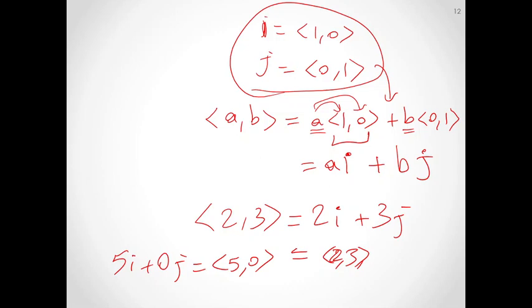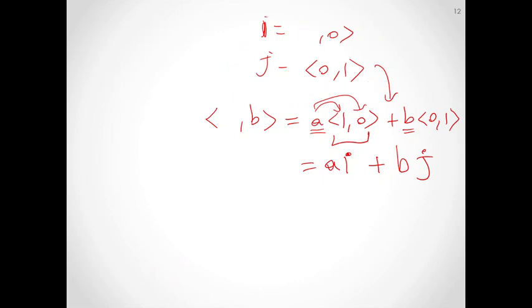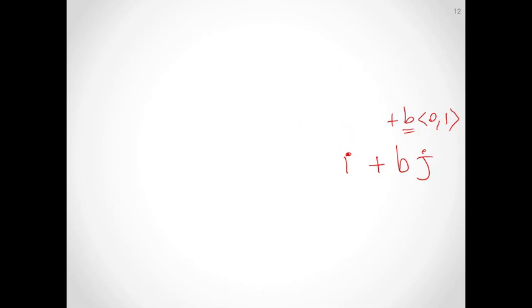When the component is 0, there is no need to write j, so you can directly say this is 5i. We will use the ij notation from now on. You should be able to recognize the vectors with and without ij, and know the notations of the vectors.